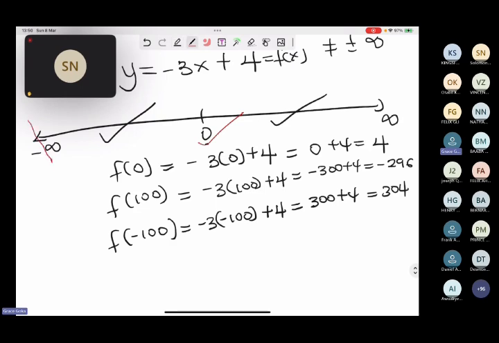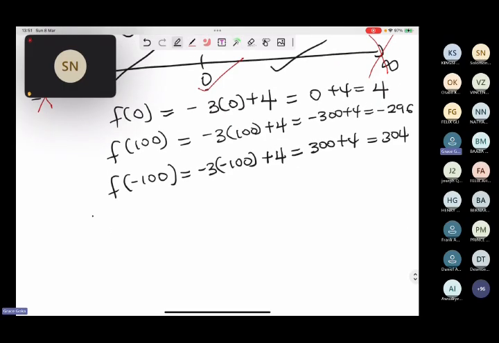We are not going to test the minus infinity because it will make the function undefined. We are also not going to test the positive infinity because obviously it is going to make the function undefined. Therefore, the domain of the function is the set of all numbers on the number line, and the set of all numbers on the number line are called real numbers.